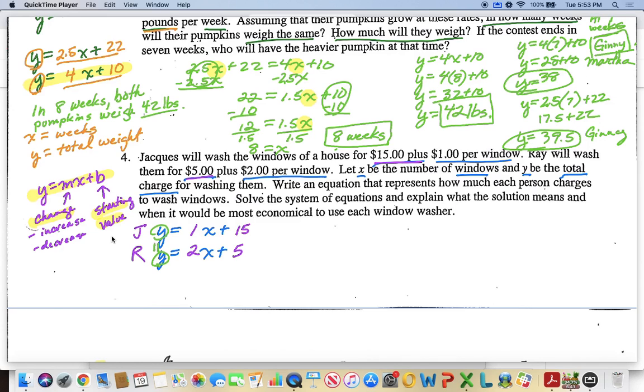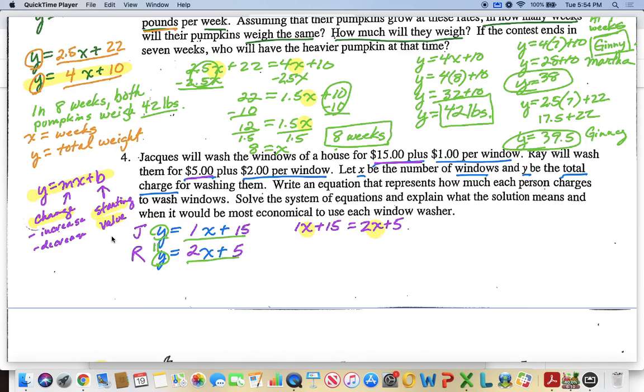Because we can assume that those two y's are equal to each other, and we know that each y is equal to this and to this, we can rewrite the equation to make those equal to each other. So let's rewrite the equation as 1x plus 15 is equal to 2x plus 5. And now we're going to solve for x.